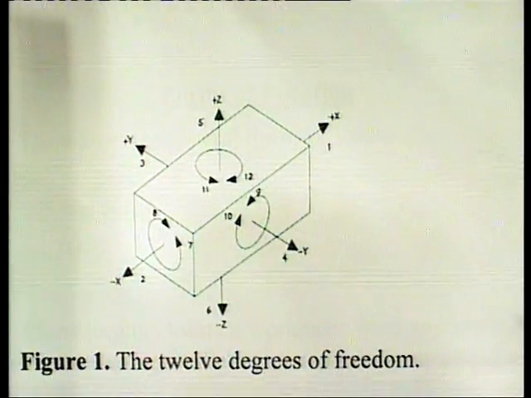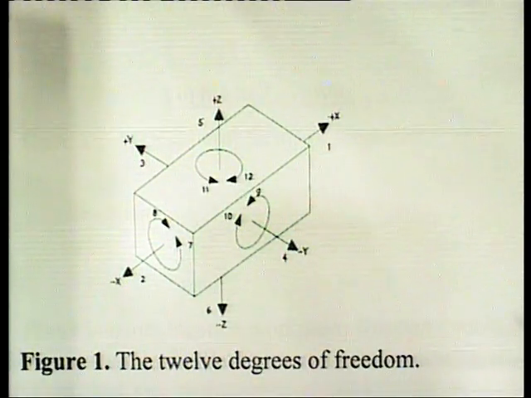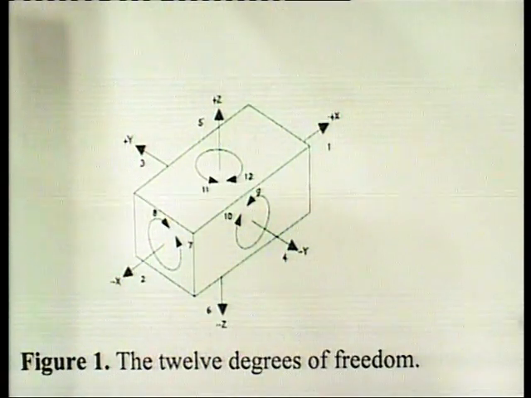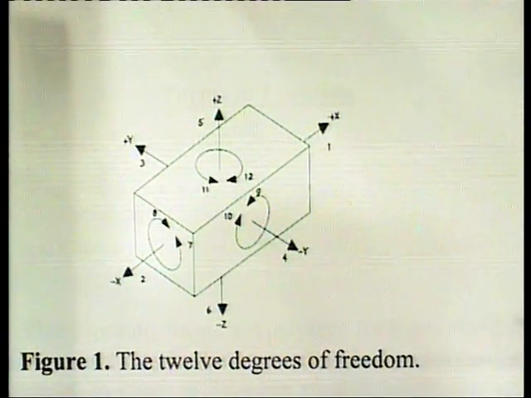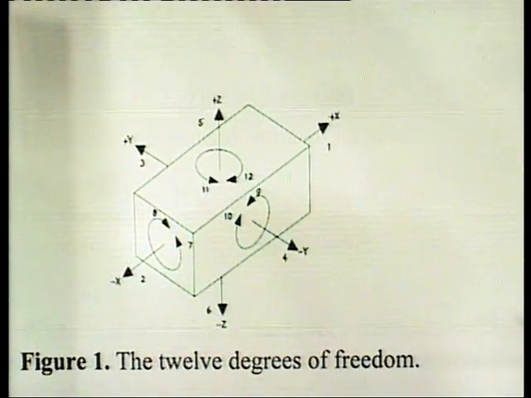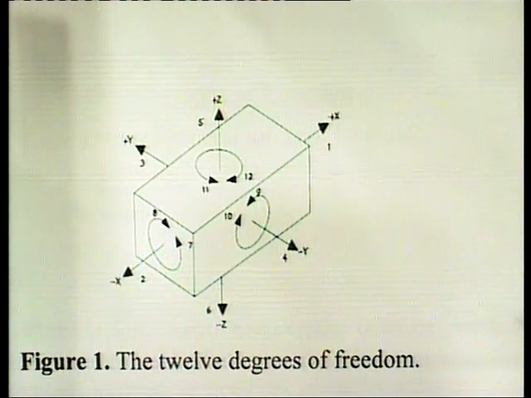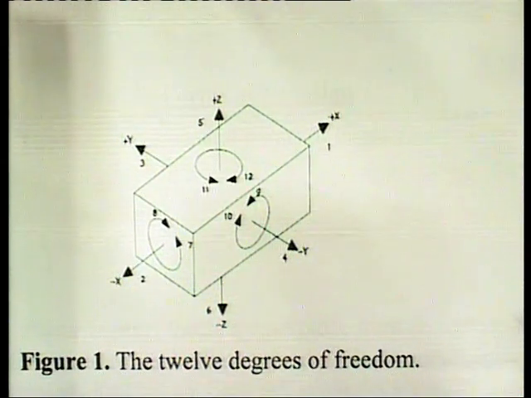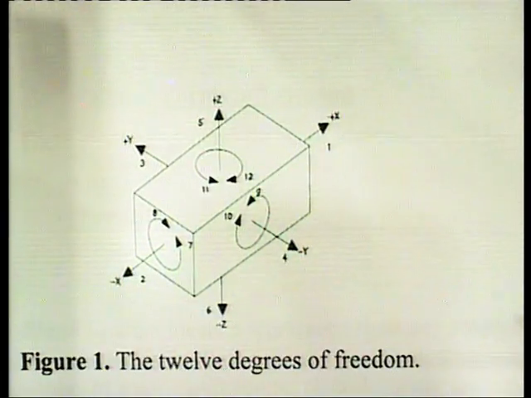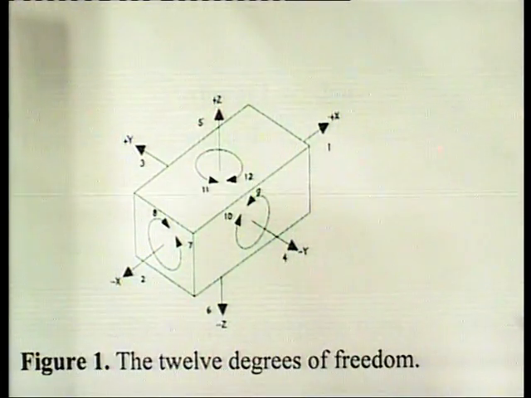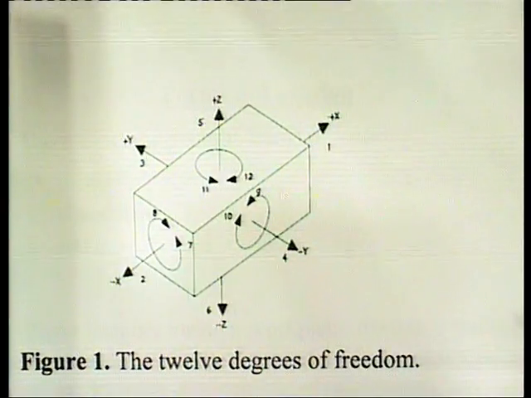Here in figure 1, we have a workpiece in space with the 12 degrees of freedom. As shown in this figure, the 12 degrees of freedom are all related to the central axis of the workpiece.